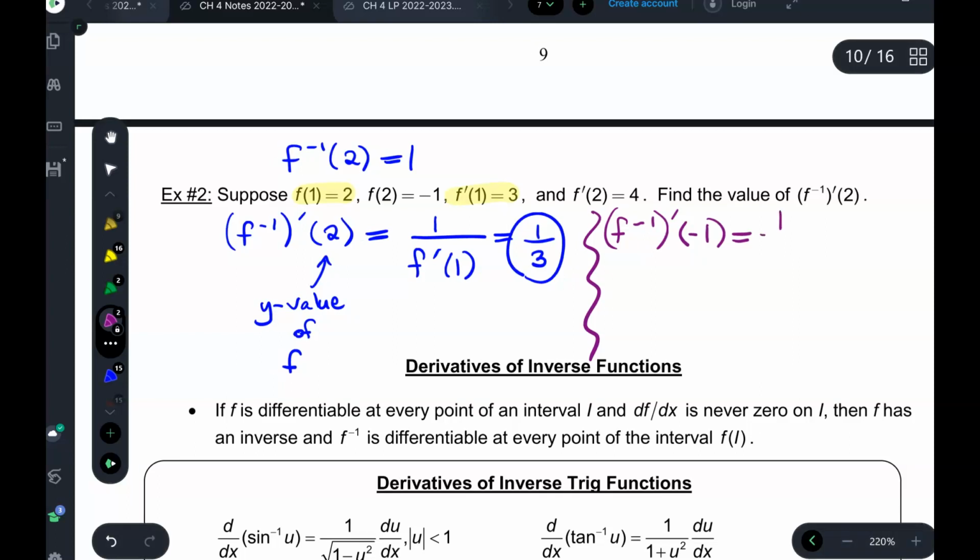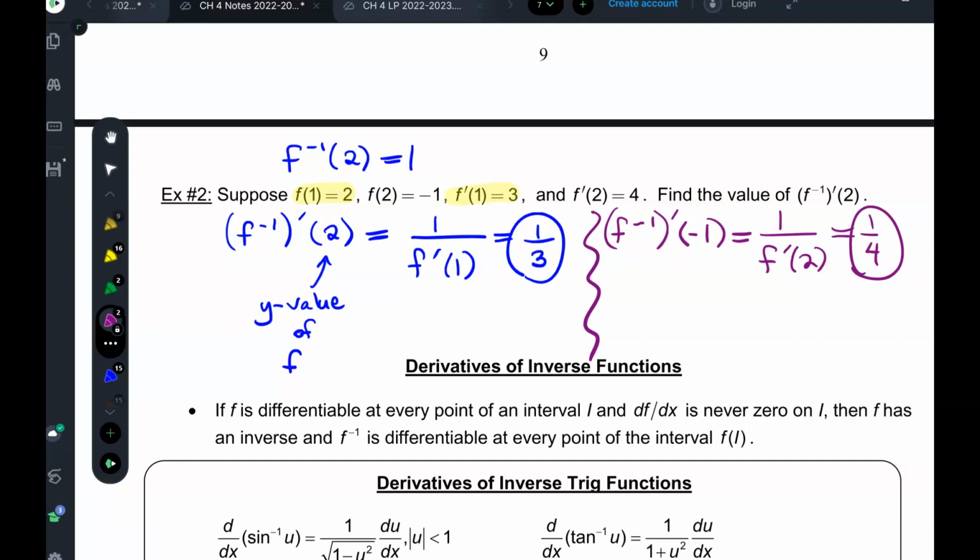So I want to evaluate that at 1 over F prime of 2, which is 1/4. That makes sense now. So the first part is trying to figure out what X coordinate I'm choosing. Because this is a Y value of my original, I figure out what the X value is, and then I do 1 over the F prime of that X value.